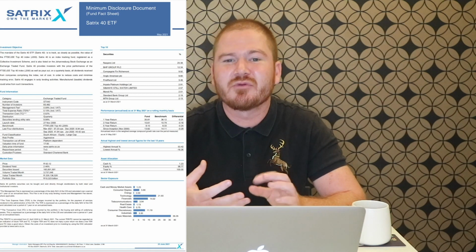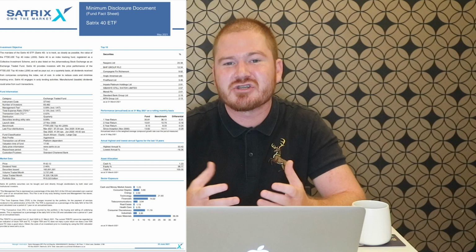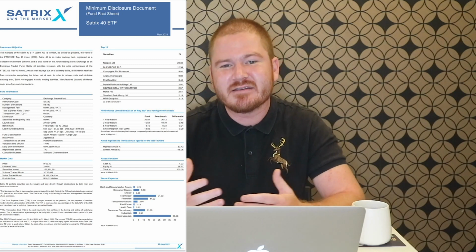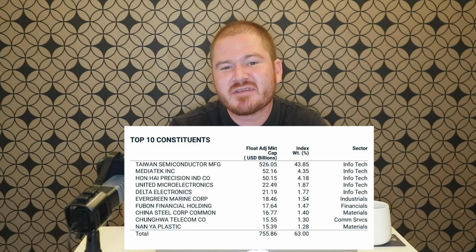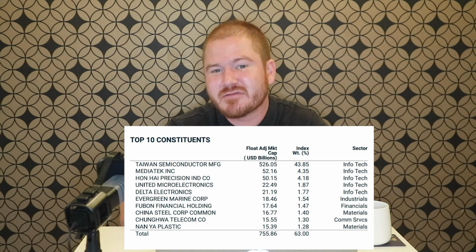So, you can go onto the ETF provider's website, if that is Satrix or Sygnia or even Absa Bank, and you can have a look at their ETF Fact Sheet, which will give you all the past performance, it will give you the makeup of the ETF, and it will give you an indication of how closely the ETF tracks its benchmark. If the ETF is an index fund, you can have a look at the top 10 companies that make up that ETF, and you can look at them individually.